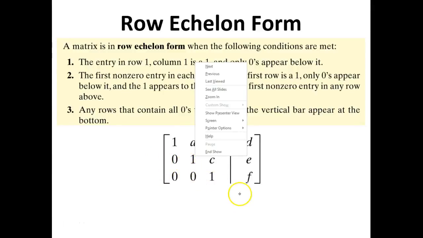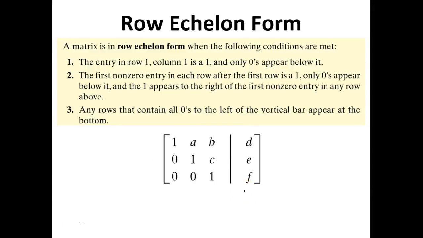In terms of what these directions are saying, the entry in row 1, column 1 is a 1, that's true for row echelon form, and it only has zeros below it. The first non-zero entry in each row after the first row is a 1, only zeros appear below it, and the 1 appears to the right of the first non-zero entry in any row above.